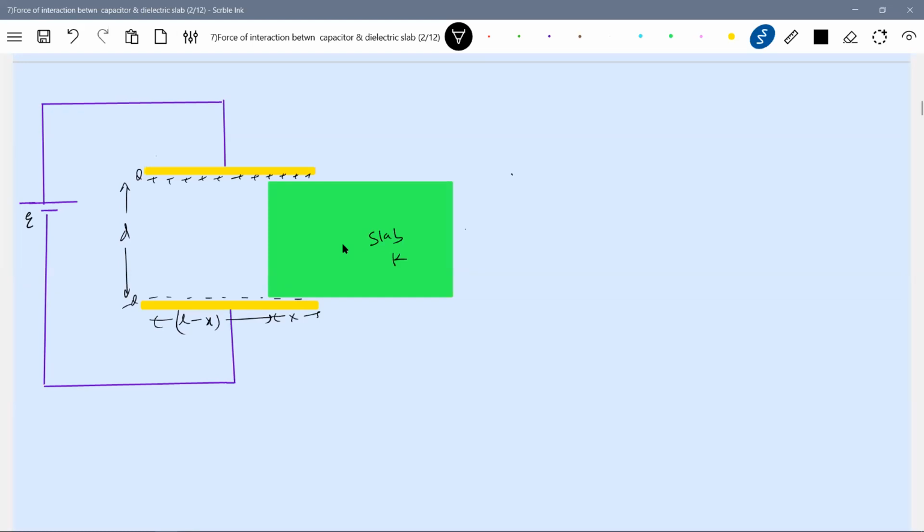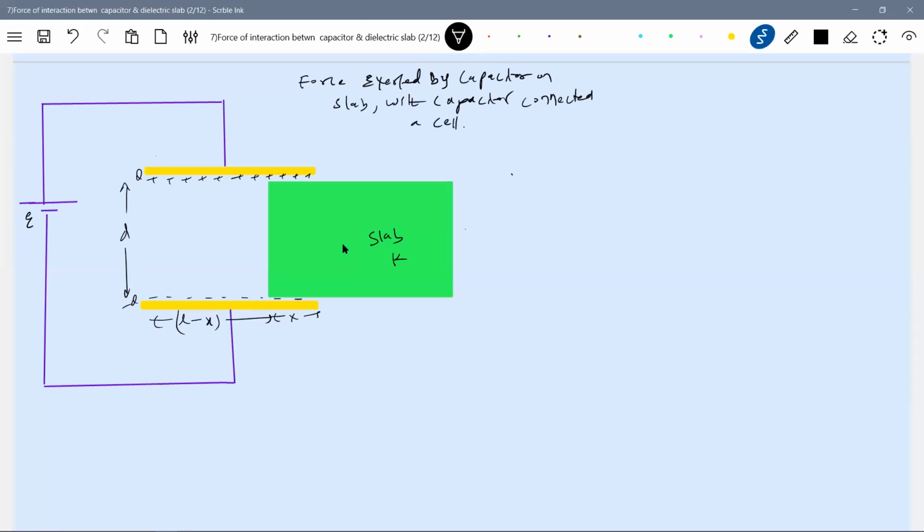So we'll write the subheading here: force exerted by capacitor on slab, with capacitor connected to a cell.